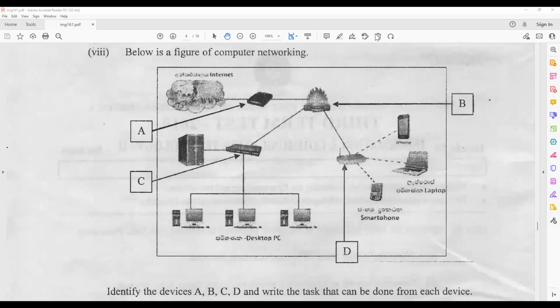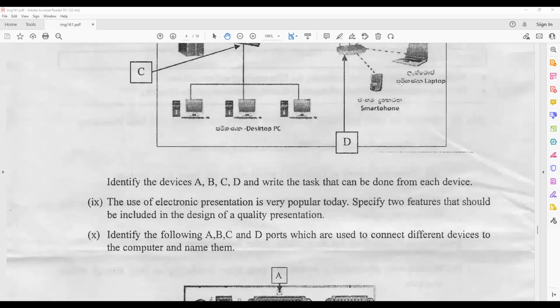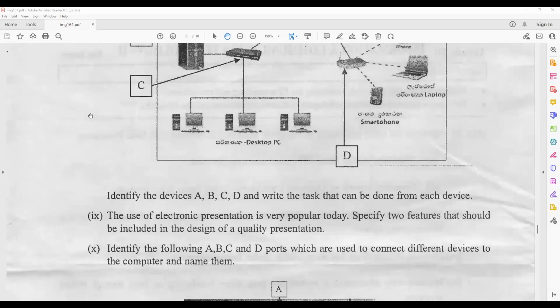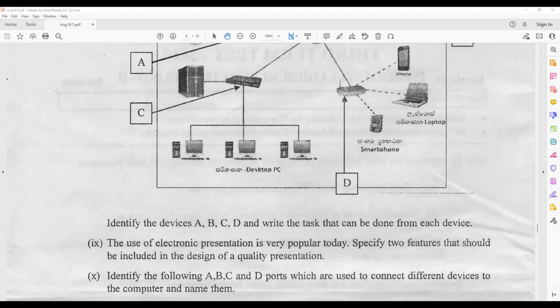Question number 9. The use of electronic presentations.